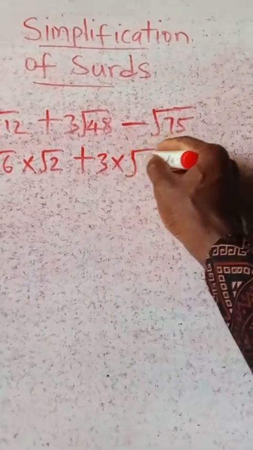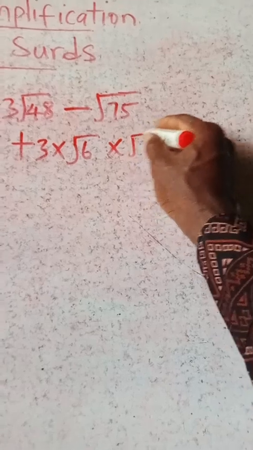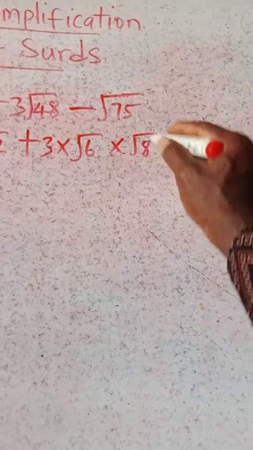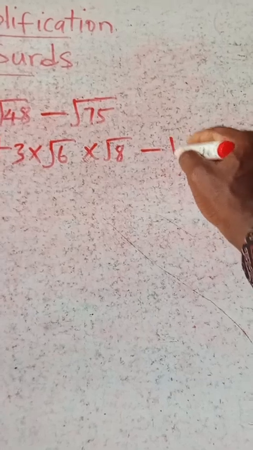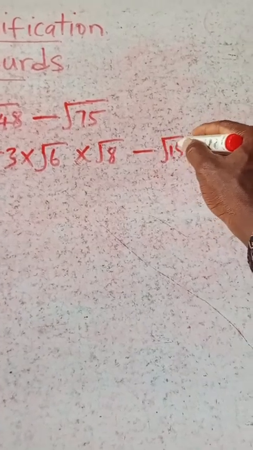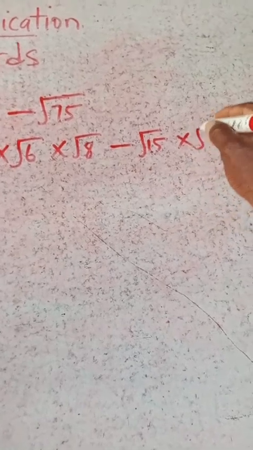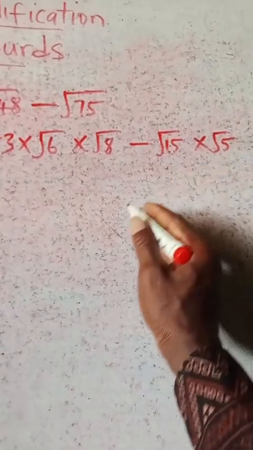We know that root 6 times root 8 is going to give you 48. Then minus root 75 is root 15 times root 5. This will give you root 75.